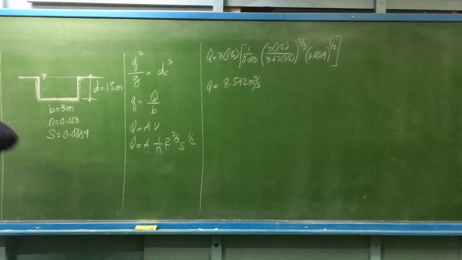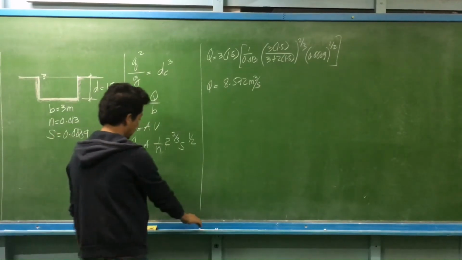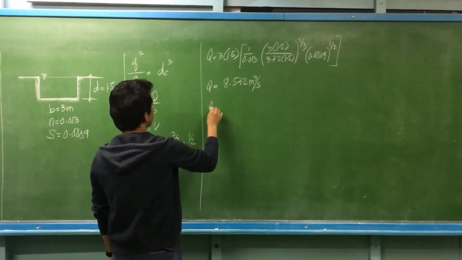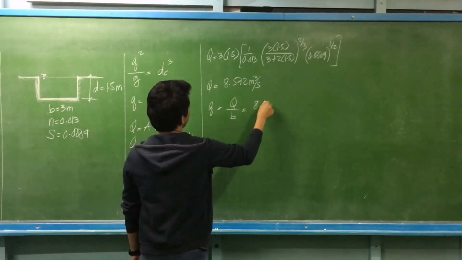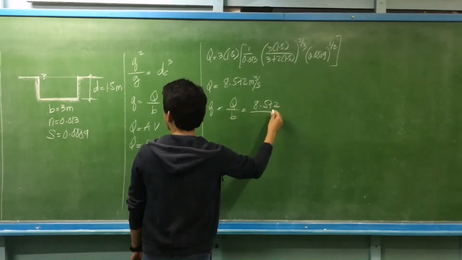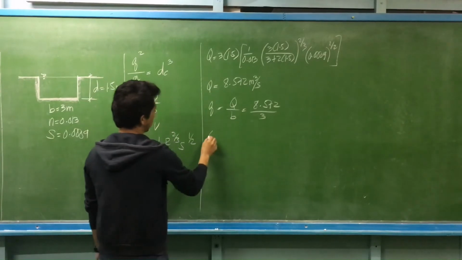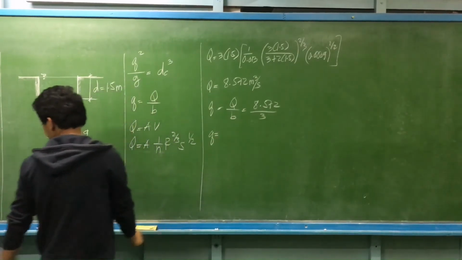So 8.572 cubic meters per second. So you have the unit flow equal to the discharge divided by the base. This is 8.572 divided by 3.